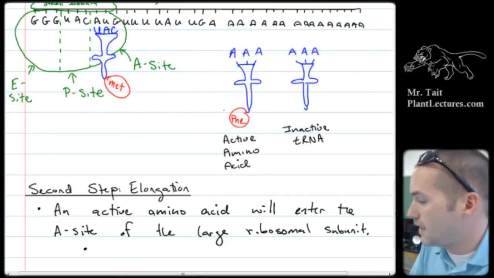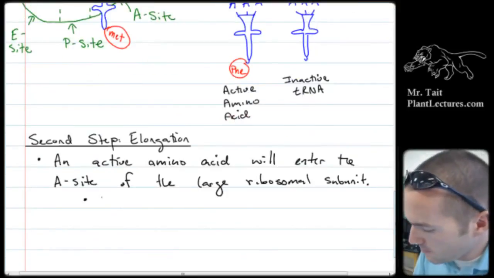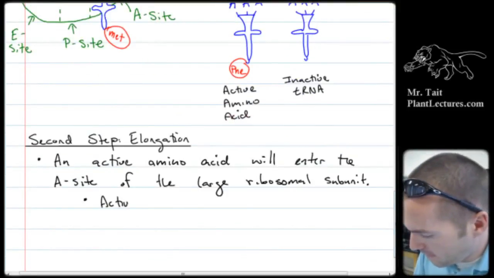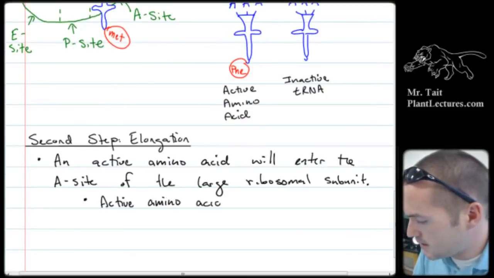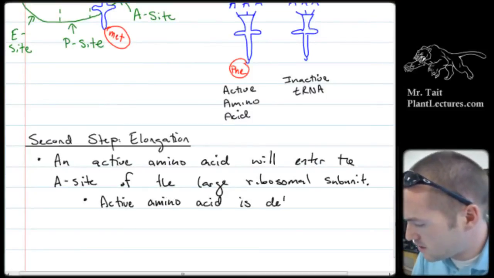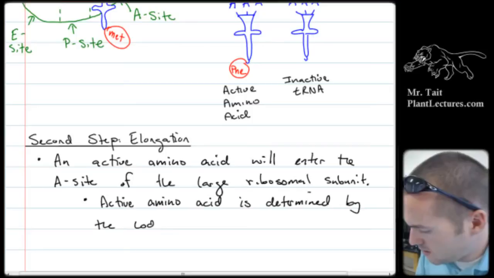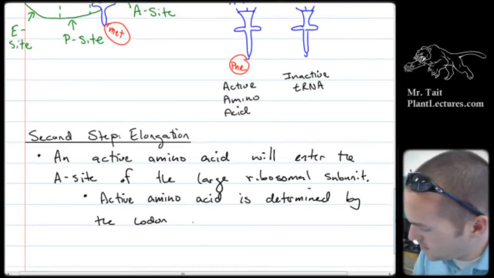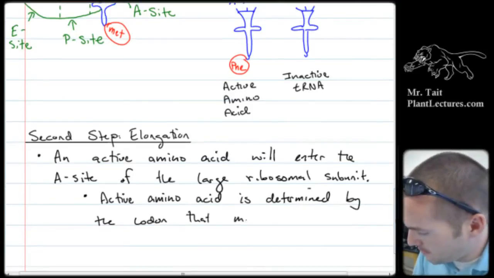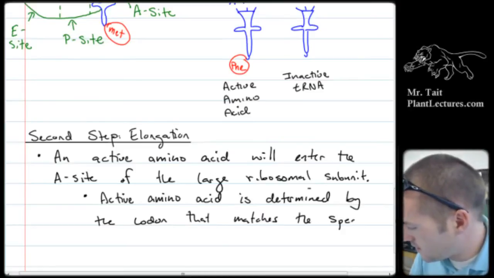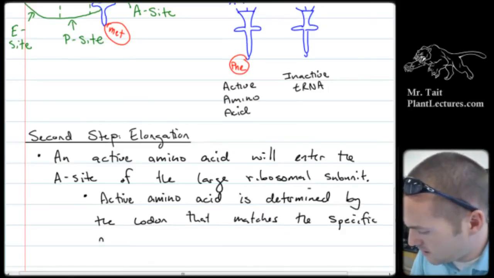So we'll say that the active amino acid is determined by the codon that matches a specific anticodon.